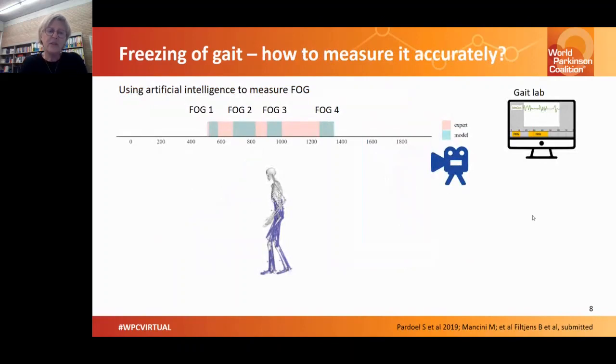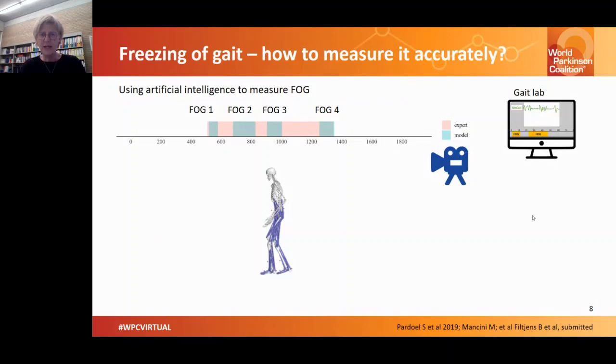Now, all freezing research stands or falls with measures of this interesting phenomenon, and I already showed how difficult it is to measure it accurately. So many groups around the world are using artificial intelligence to measure freezing of gait by using wearable sensor signals.